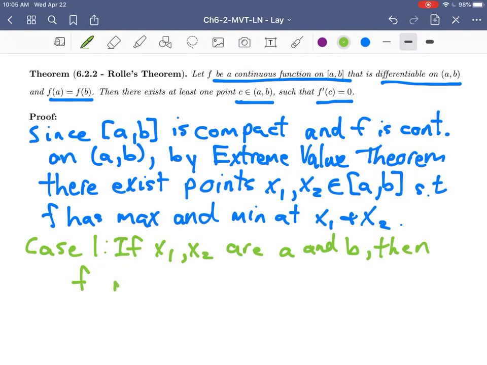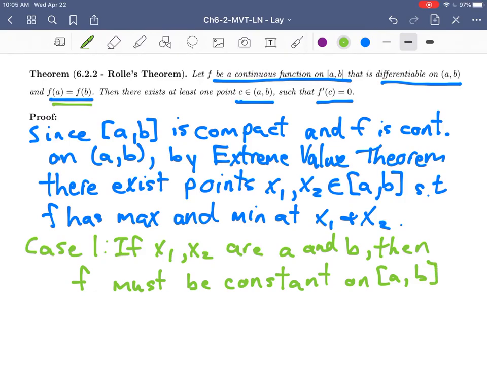Well, f must be a constant, because at one endpoint we have a maximum, at the other endpoint we have a minimum, and the values at the two endpoints are equal, so all values must be equal. So f must be a constant on that closed interval a to b.